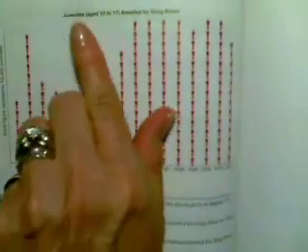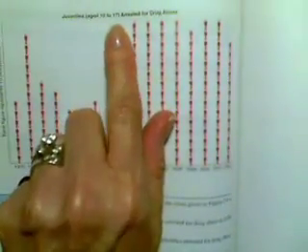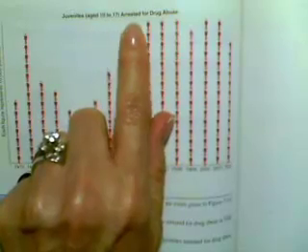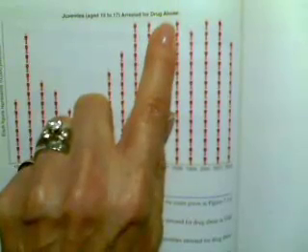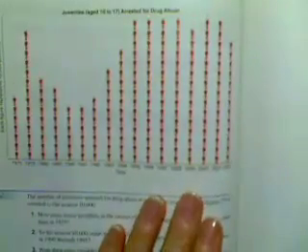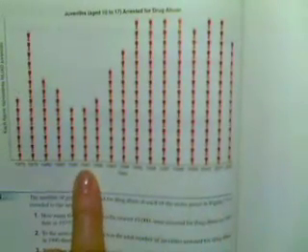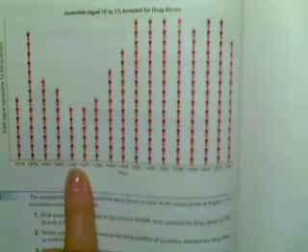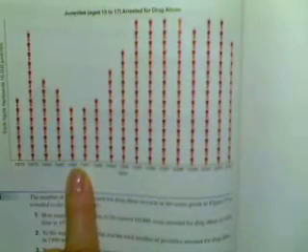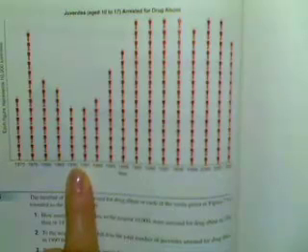Now I'm on page 442 in your textbook. I can quickly see when I'm looking at juveniles aged 10 to 17 that were arrested for drug abuse. I can easily see that in 1991 and in 1990 we had some good things going on. Well, I hope it was good things going on.